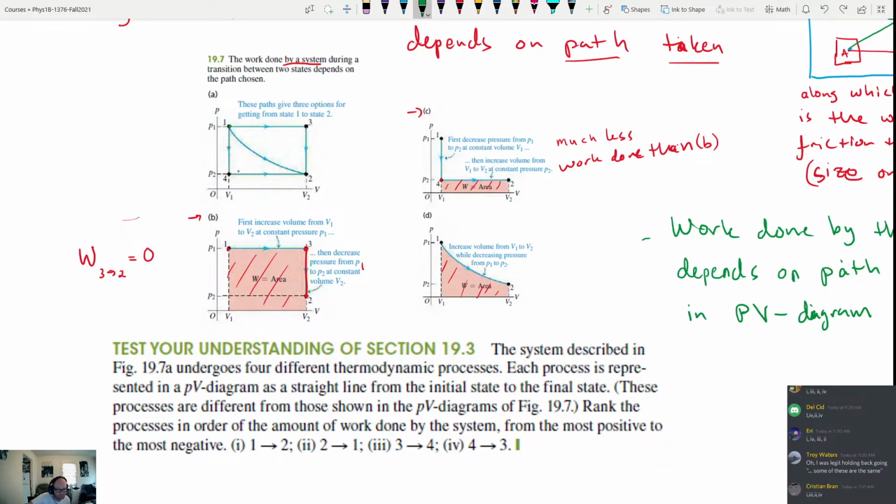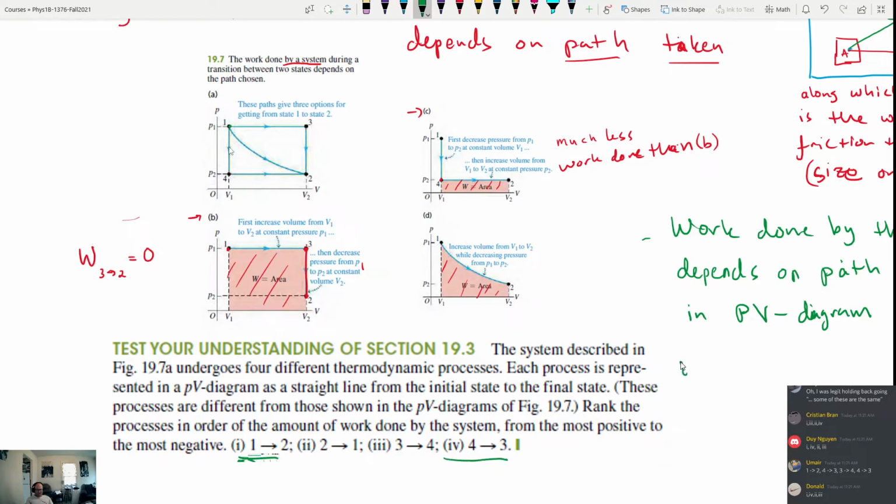Yeah, you can write it as 1 equals 4 is greater than 2 equals 3, which I think is the correct answer. Seems like most people are on the right track. Everyone tends to agree that 1 is the greatest, and that's true. But if you think about it, this one and this one are going to be equal to each other.